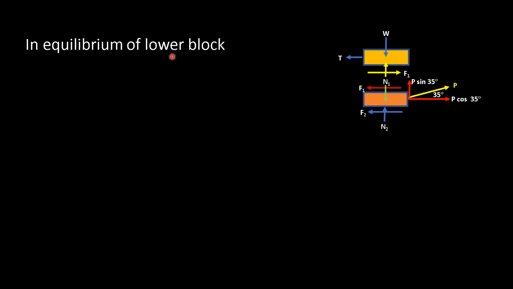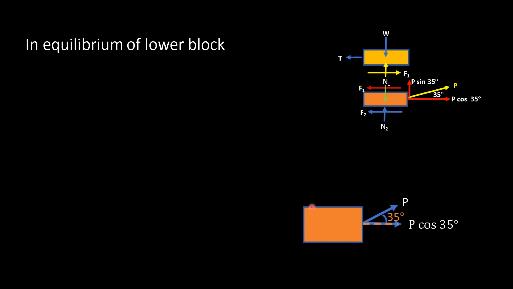In equilibrium of the lower block, force P is acting at 35 degrees with the horizontal. There will be a horizontal component of this force P, which will be P cos 35 degrees acting towards right. There will be frictional force F1 towards left and frictional force F2 towards left again.